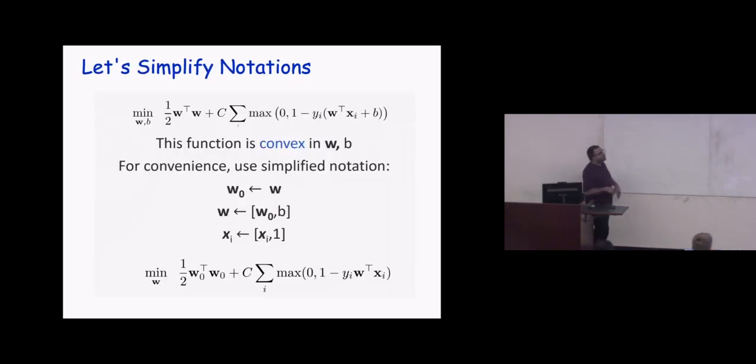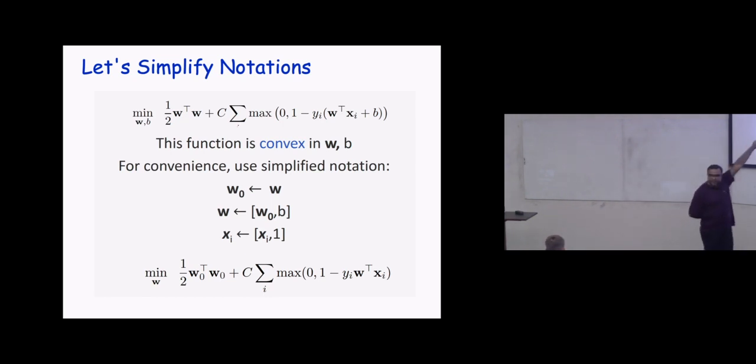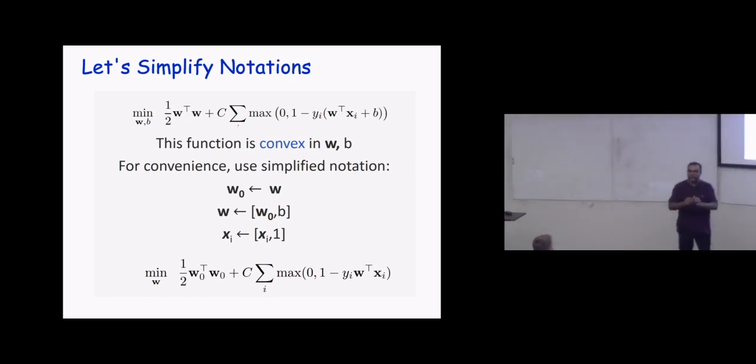So let's first simplify some notation. You see, that's the top function that we actually want to minimize. And there is a B, the offset term of the linear separation plane.